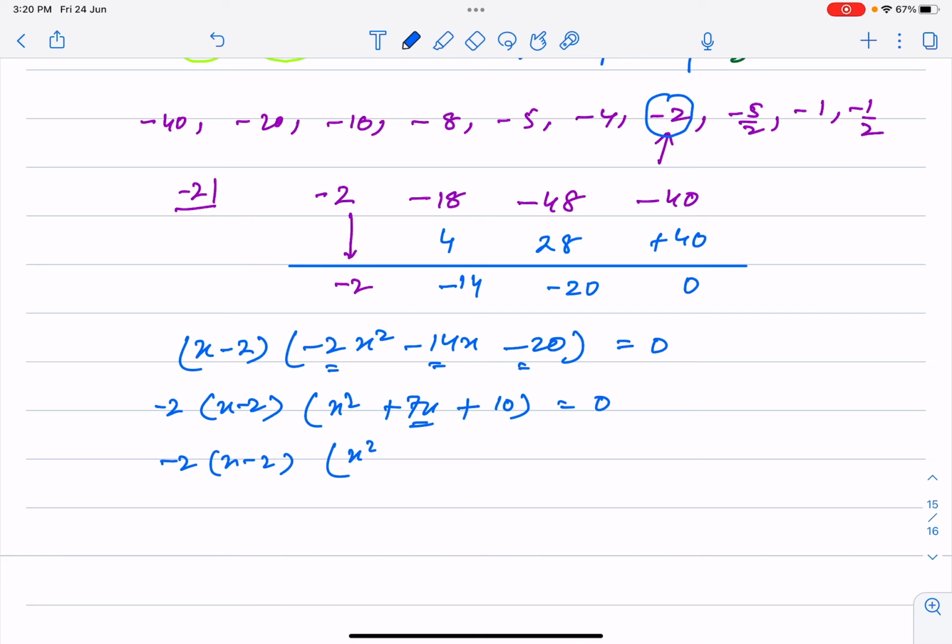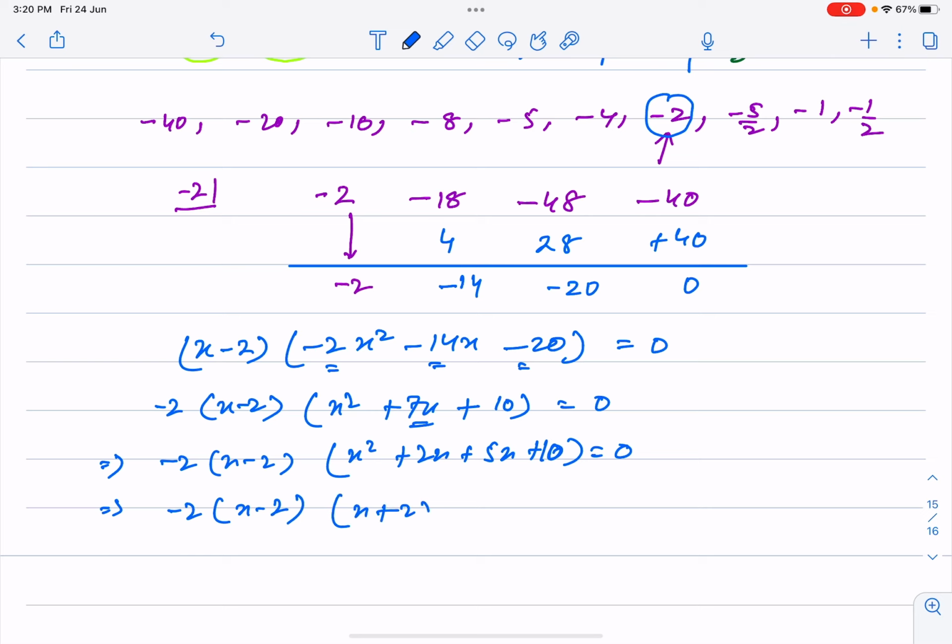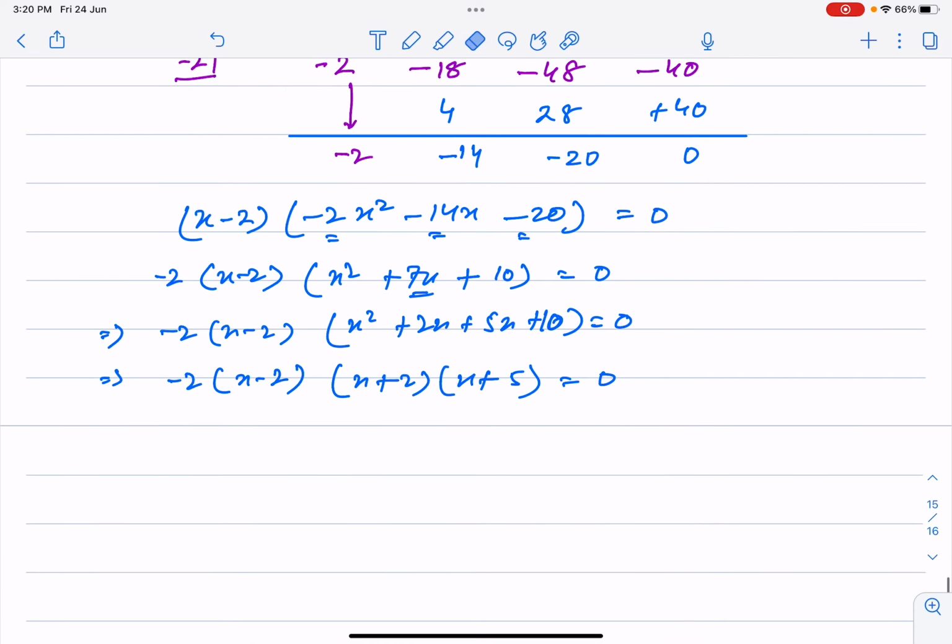You just break this, sum should be 7 and the product should be 10. So 2x plus 5x plus 10 is equal to 0. Minus 2 into, I can write like this. This implies x plus 2 into x plus 5. I hope there is no issue in this quadratic, because quadratic is generally, you people know this, how to factorize. So now you can see that the roots are x is equal to 2, x is equal to minus 2, x is equal to minus 5.